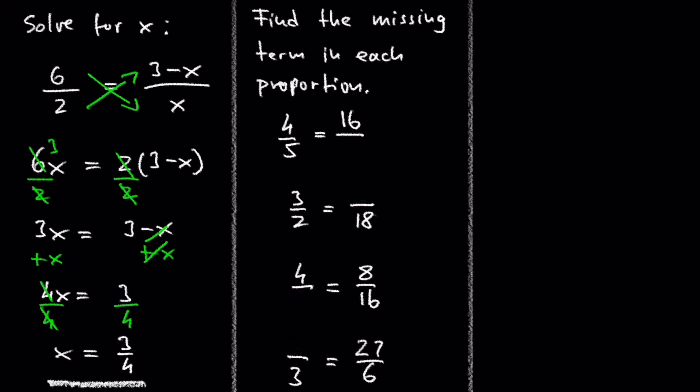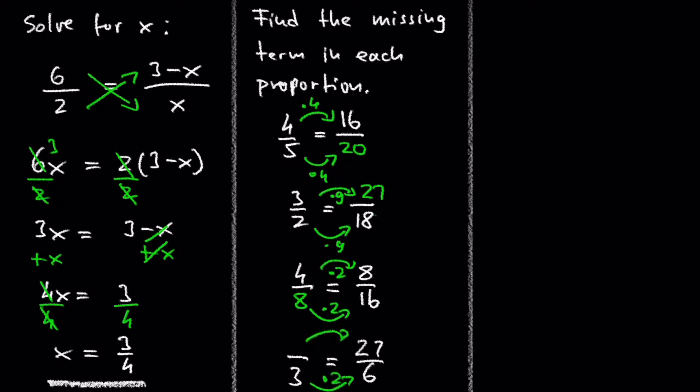Four times 4 is 16 and 5 times 4 is 20. 2 times 9 is 18 and 3 times 9 is 27. 4 times 2 is 8 and 8 times 2 is 16. 3 times 2 is 6, and this doesn't work with the whole number.